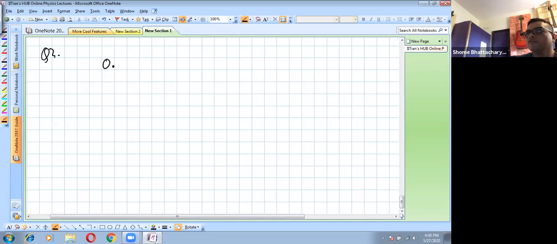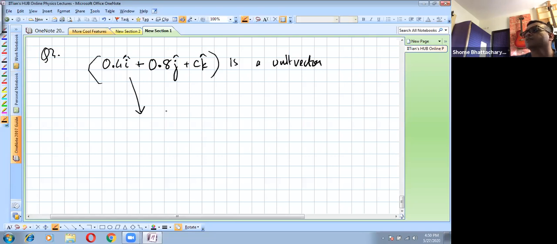So 0.4 i cap plus 0.8 j cap plus some unknown quantity C k cap is a unit vector. So this vector is a unit vector, means that its magnitude should be equal to 1.